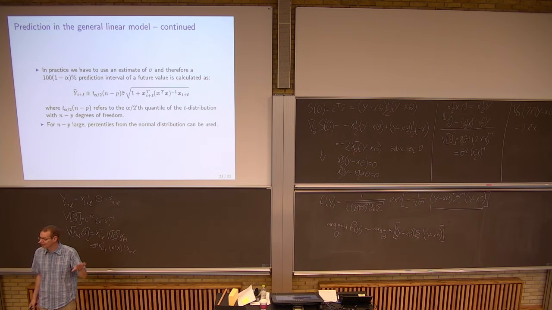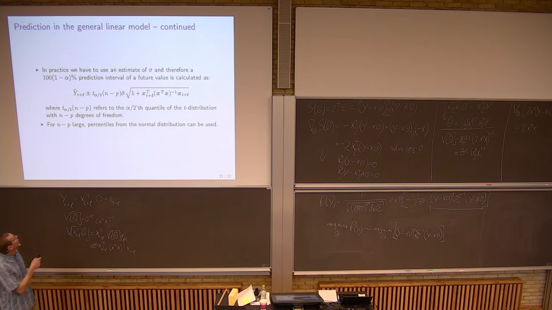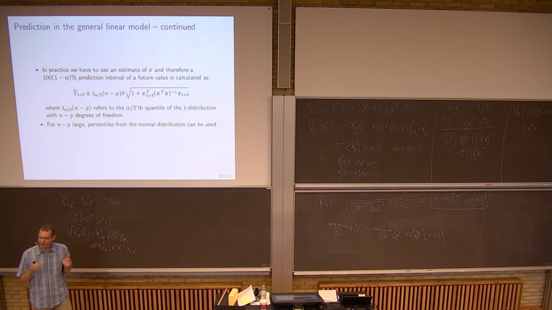Later on in the course, we'll just use the number 2 as an approximation of that one there. It's close enough, because in some cases it's just an approximation. Here it's exact.